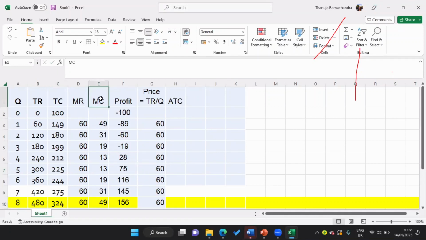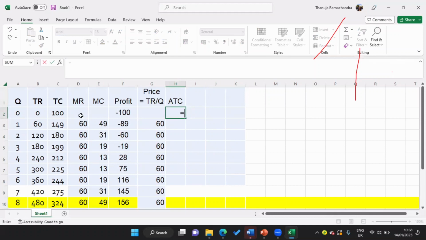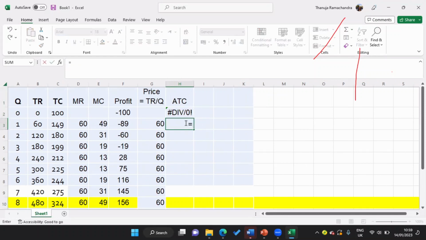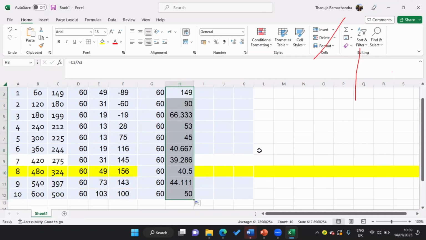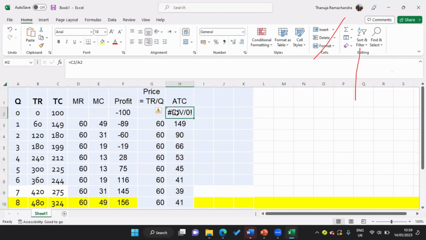TC is given and marginal cost we have calculated, so we can calculate the average total cost: total cost divided by Q. So average total cost, what happens? 149, 90, 66, 53, 45, 41, 39.